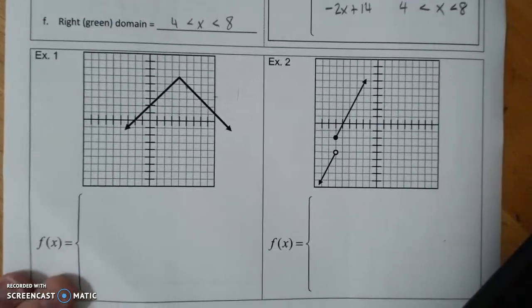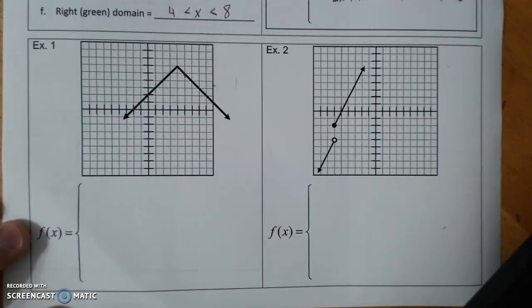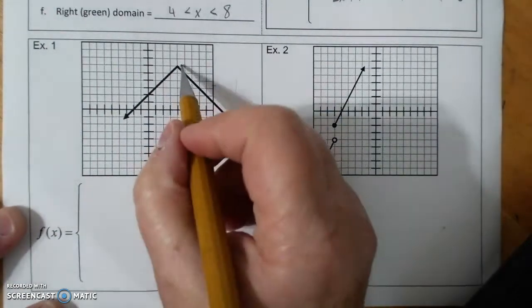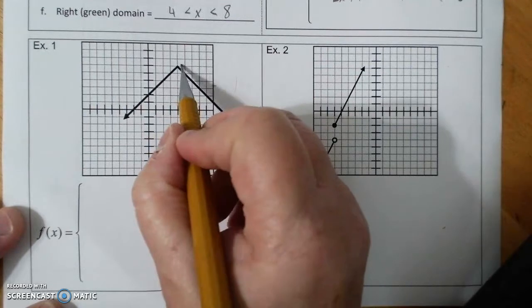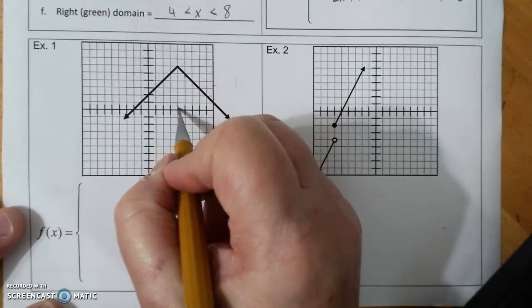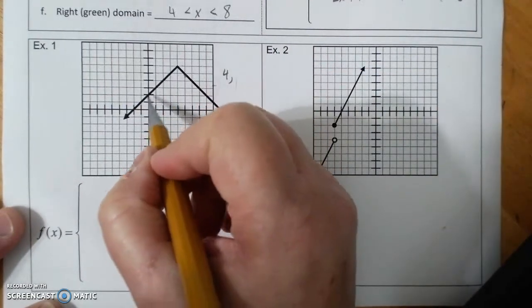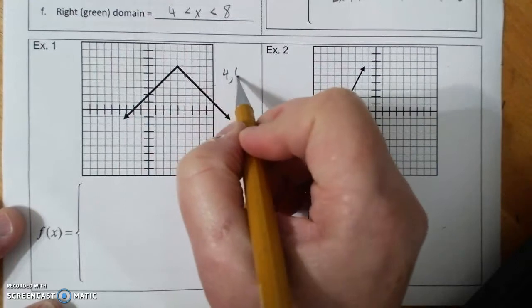Okay, you should recognize this is an absolute value equation. You also need to recognize that absolute value equations have 2 lines, and it becomes a piecewise. And so I'm going to identify the vertex, and it is at 4, 6.